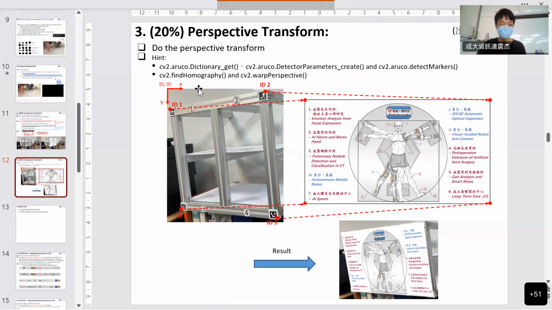You can also use the hint of five OpenCV functions to do this process, and you will get results like this. Does anyone have any problem?